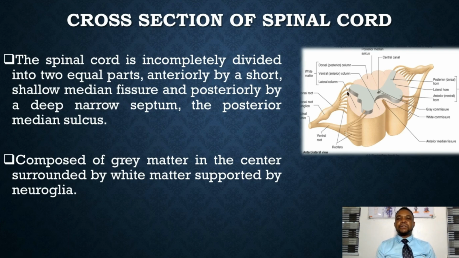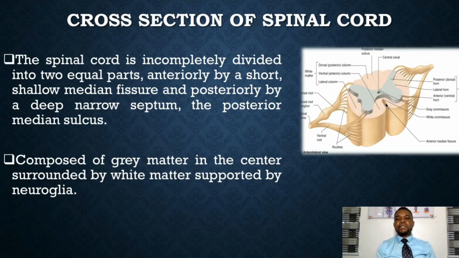The spinal cord is divided into 2 parts, anteriorly by a short, shallow anterior median fissure and posteriorly by a deep, narrow septum, that is the posterior median sulcus. You can see the anterior median fissure here that gives that curvature of the spinal cord.